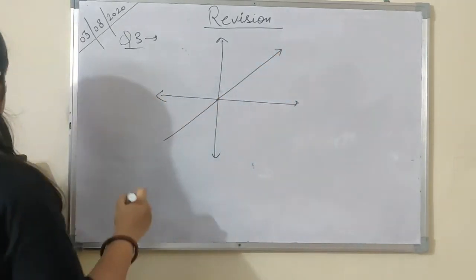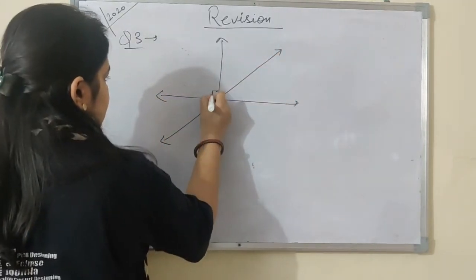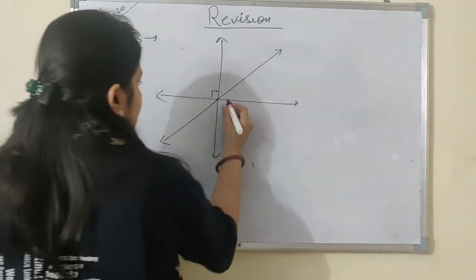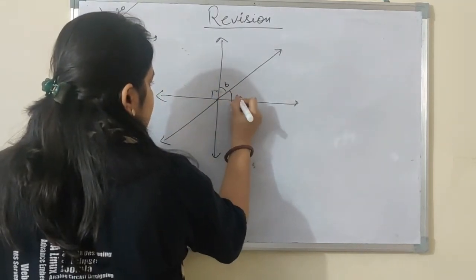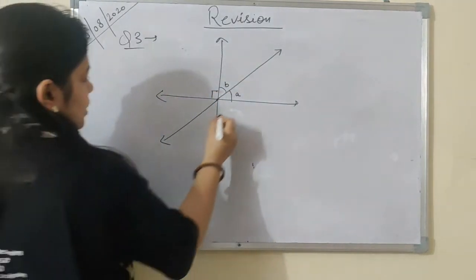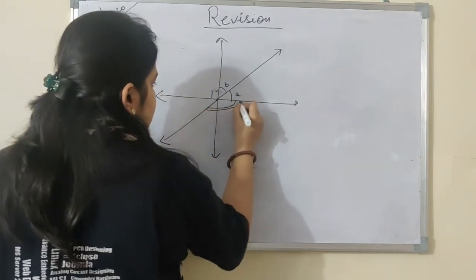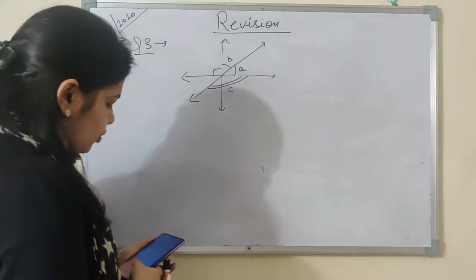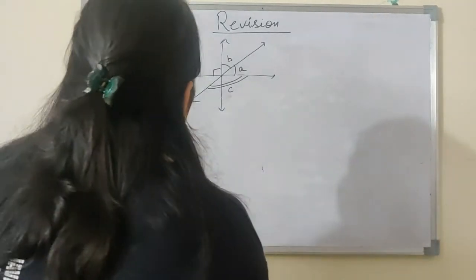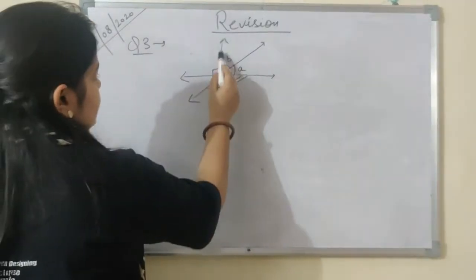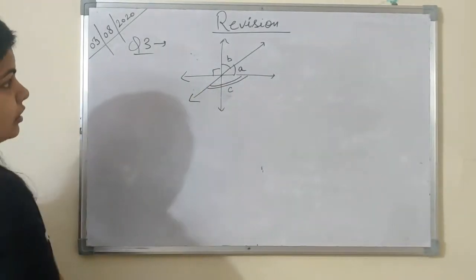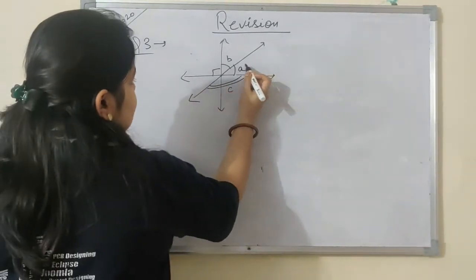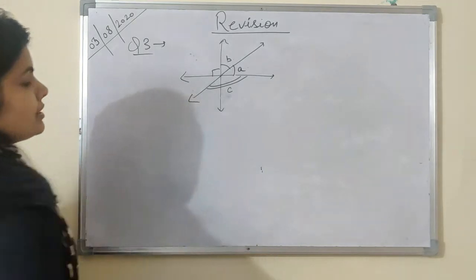It is given to us like this. Okay, and this is given as B, this is given as A, and this whole is given as C.